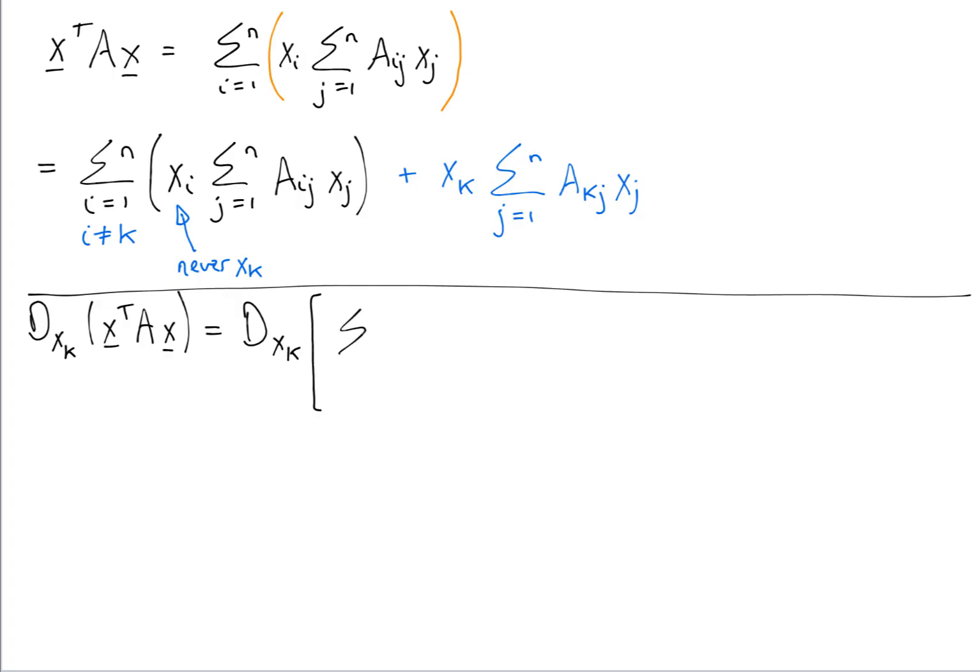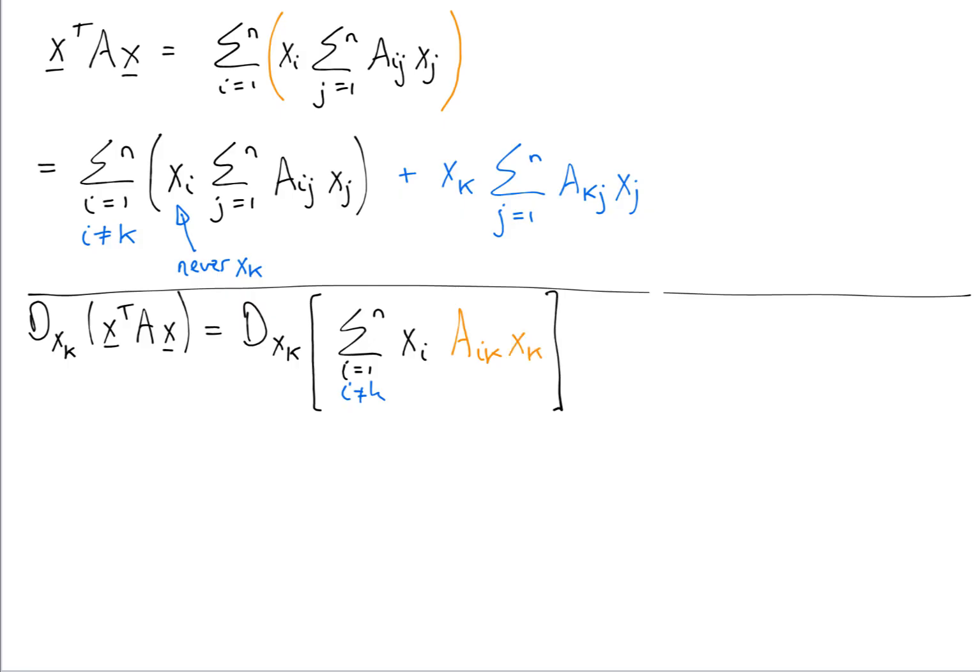So we have to retain that outer sum, i equals 1 to n, i is different than k. And then we have x_i, but in that inner sum, again, the only term that contributes to the derivative with respect to x_k is when j is equal to k. And so we get a_ik x_k.